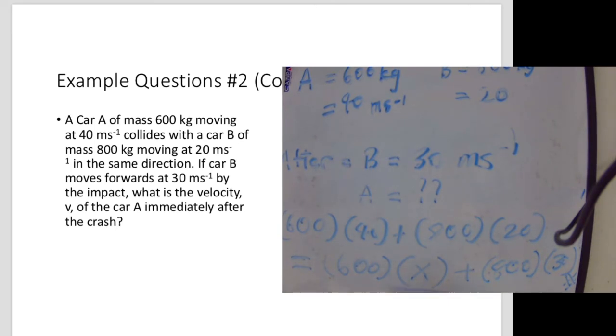By now, you should be able to write it out clearly.